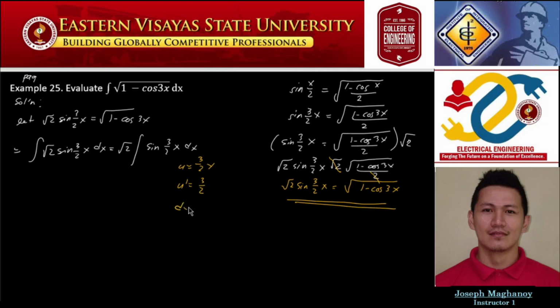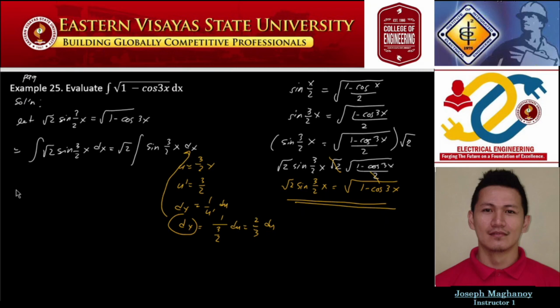Finally, your dx is equal to the reciprocal of your first derivative of your u, du. So dx is equal to 1 over 3 over 2 du. So finally, that is 2/3 du. So we substitute dx here.